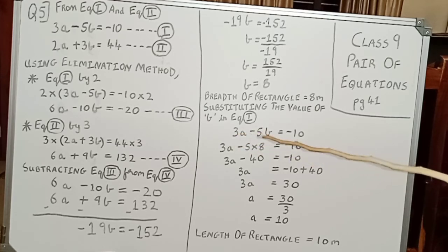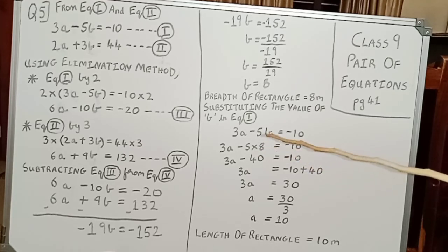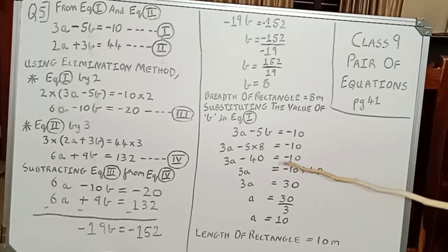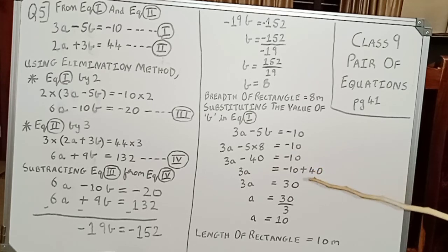Minus 5, what is the value of b? 8. Instead of b, you have to substitute 8, equal to minus 10. 3a minus 5 8s are 40, equal to minus 10. So 3a, this 40 when it goes to the opposite side, it will become plus 40. So 3a equals minus 10 plus 40.